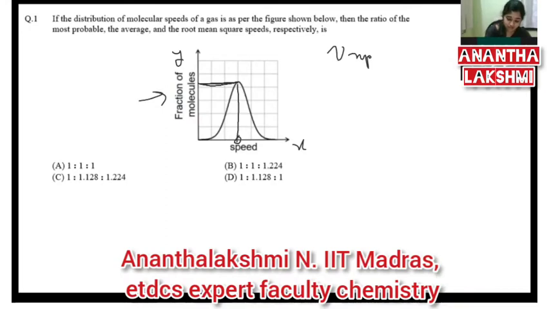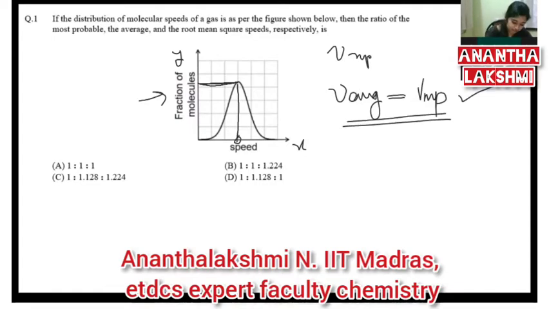That's common sense. So we can definitely say V average is exactly the same as V most probable. That part is clear. So if we know this much, we can definitely rule out options C and D, right? Because now we know the first ratio should be 1:1. That is for sure. Now we have to talk about the VRMS part.